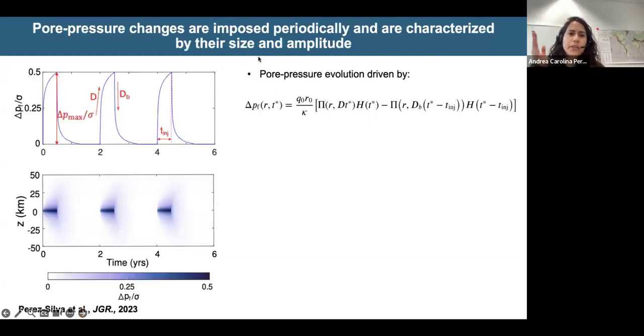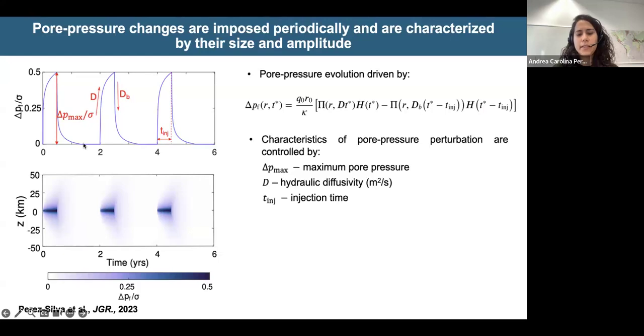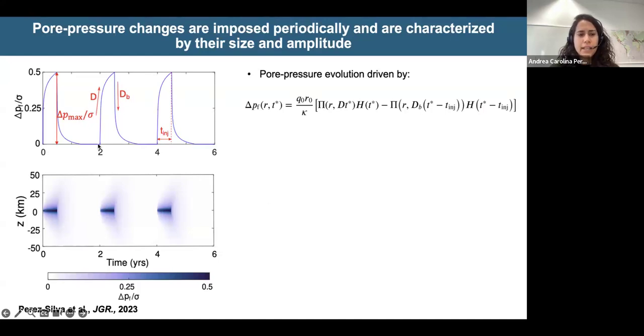So we impose pore pressure changes periodically on the fault, and this pore pressure evolution is given by this equation that is exemplified in this diagram. So we assume fluids are injected at the center of the fault over a time t_inj, which we call the injection time.